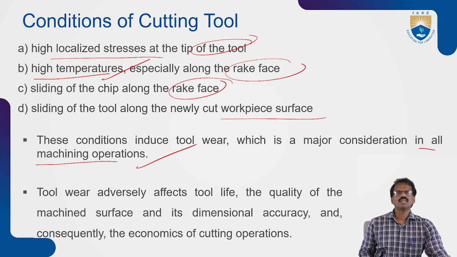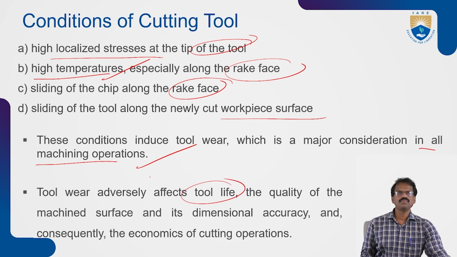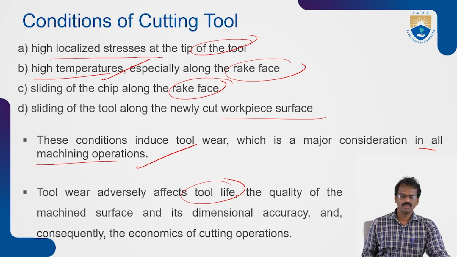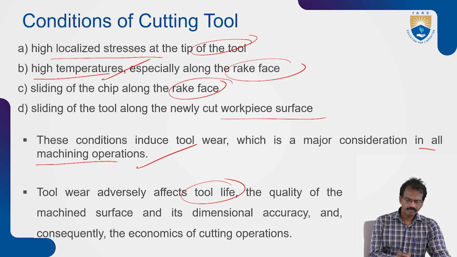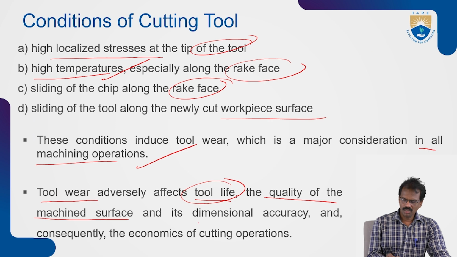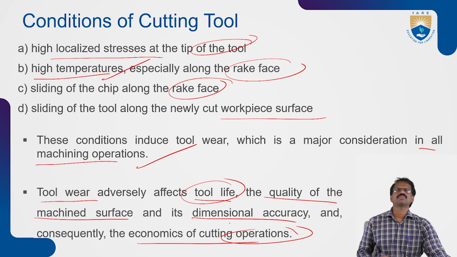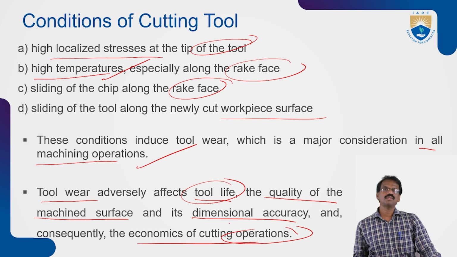Tool wear adversely affects the tool life, because tool life is mainly dependent upon the tool wear. It also affects the quality of the machined surface, its dimensional accuracy, and the economics of the cutting operation, because tool life is a very important parameter.